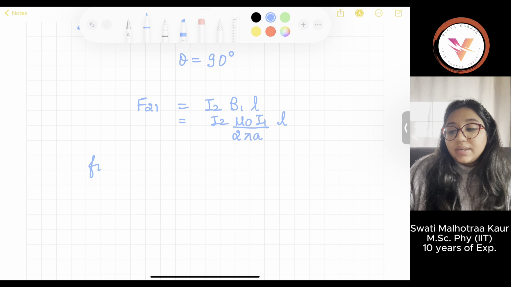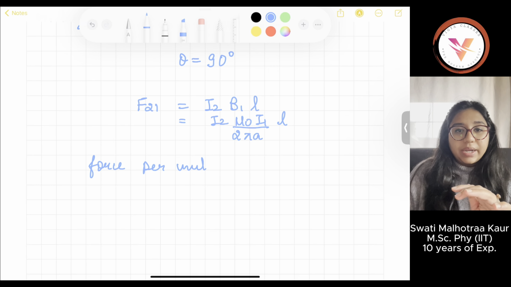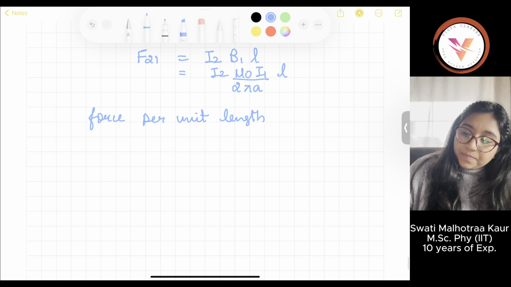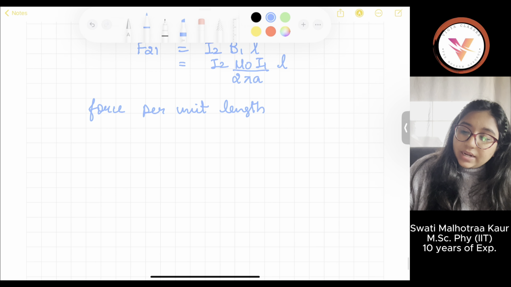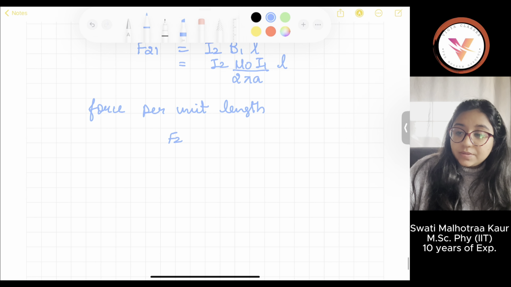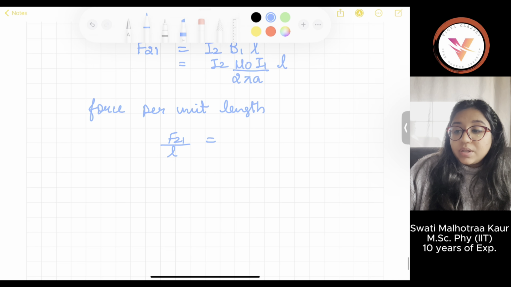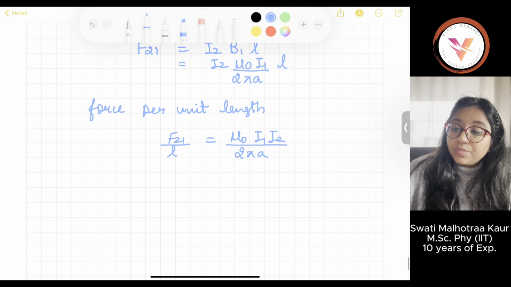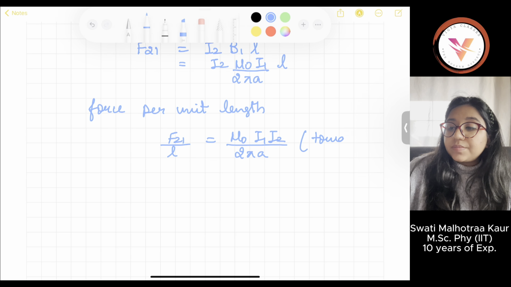Now the length doesn't matter because we have taken it per unit length. If it is infinite, you can take any portion of length, and that comes out to be mu naught I1 I2 over 2 pi A. Just remember this formula, it's important. You can find some numericals of this formula, and the direction would be towards the first wire.